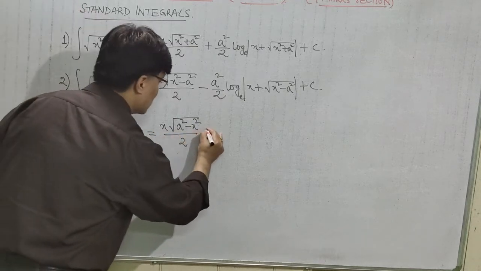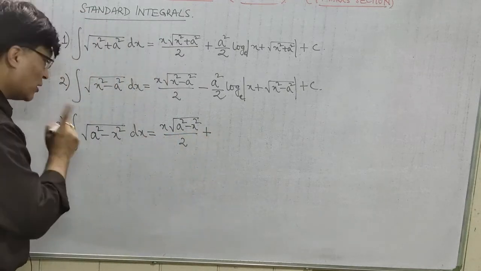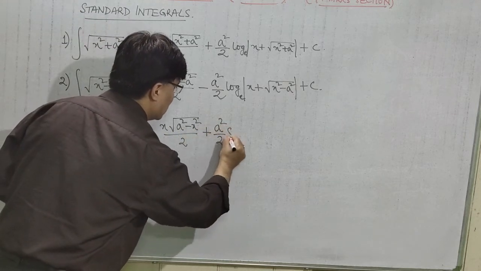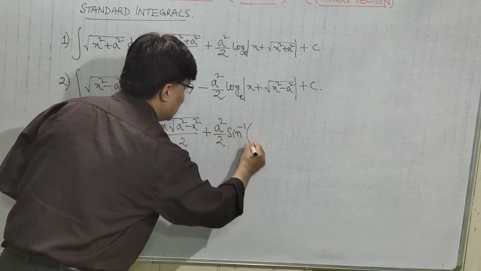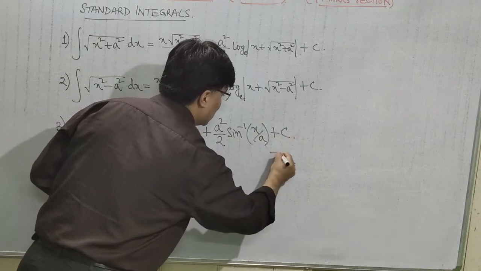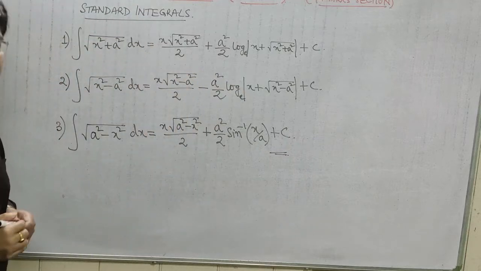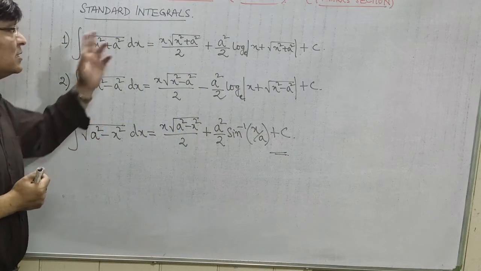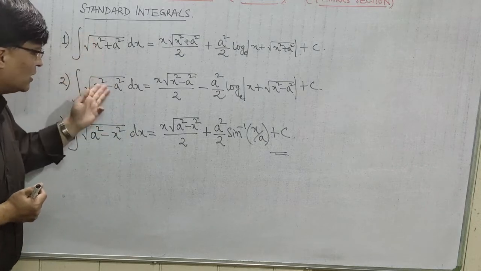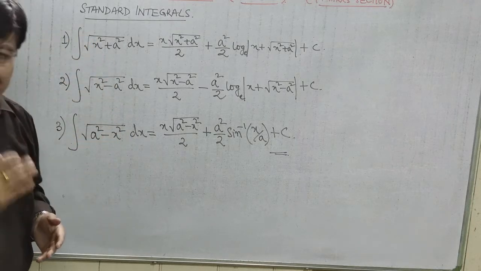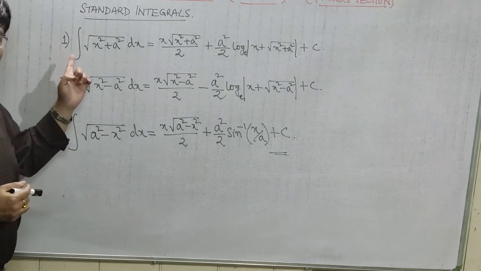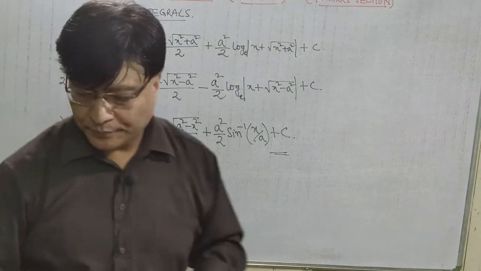Then you should write plus in this case, not minus, plus a square by 2, then sine inverse x upon a, then plus c. This is the third standard integral in integration by parts. So you should know all these three standard integrals. So let us prove this first one now. So you can copy it.